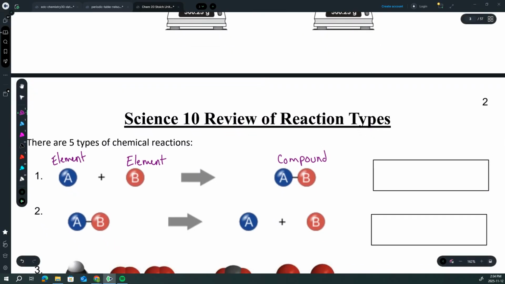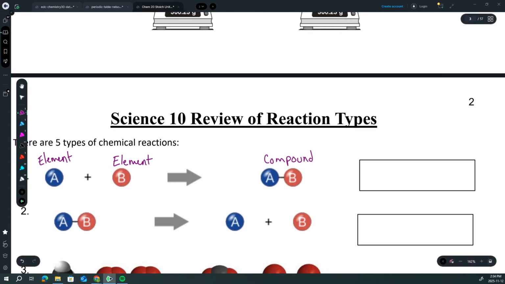Whenever you have elements coming together to form a compound, that is called a formation reaction. Sometimes it's called a synthesis reaction, but in this case I'm just going to keep on calling it formation.